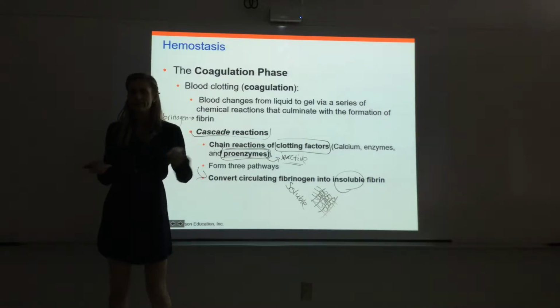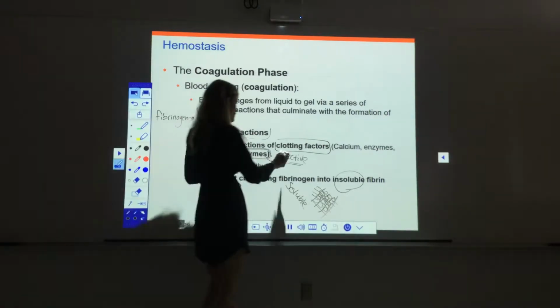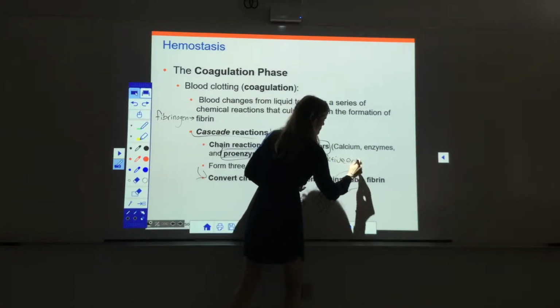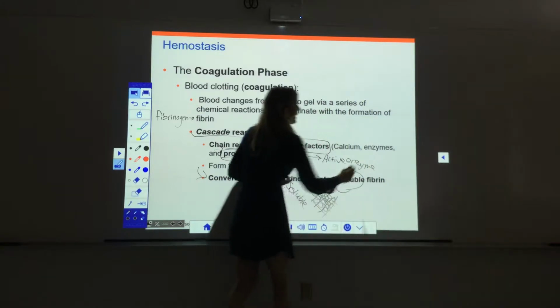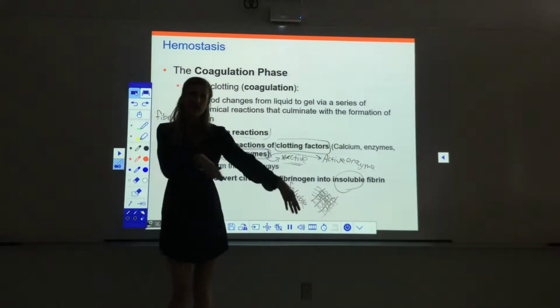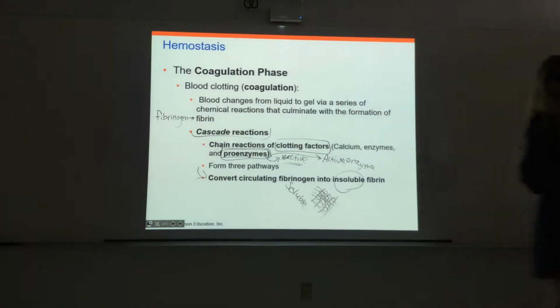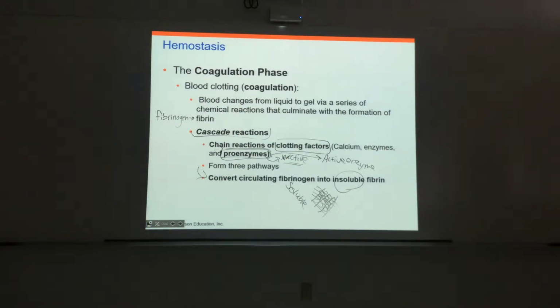They can't catalyze any reactions. We have to activate them first. So we convert the proenzyme into an actual active enzyme, and then that active enzyme will go on to catalyze the next reaction. So a lot of our clotting factors we'll see are proenzymes as opposed to actual enzymes.